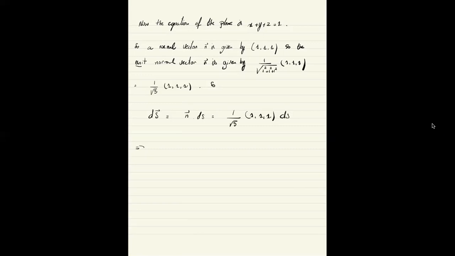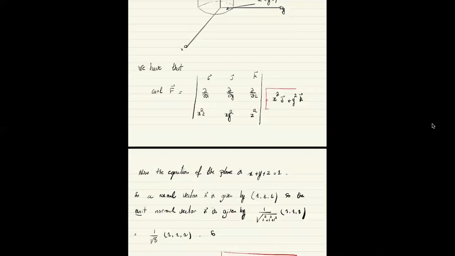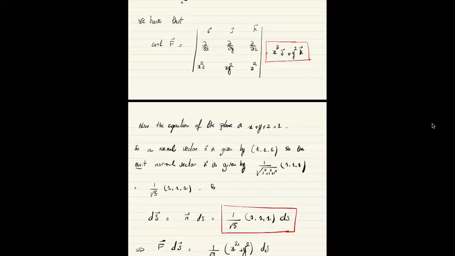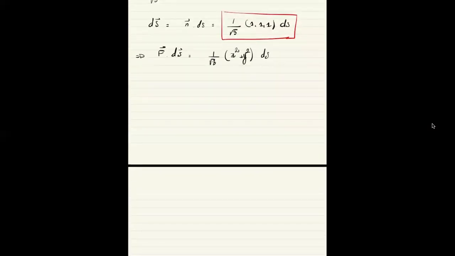Meaning that F dS, if you take the scalar product with this, will give you 1 over square root of 3 times x squared plus y squared dS, because the x component is absent.